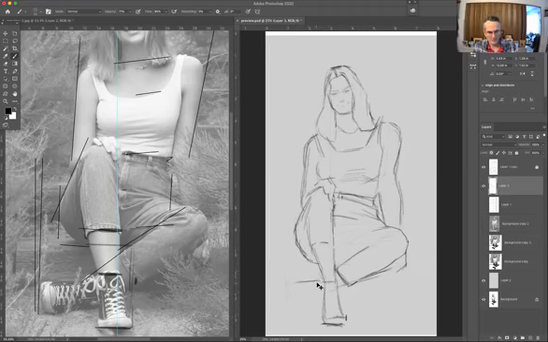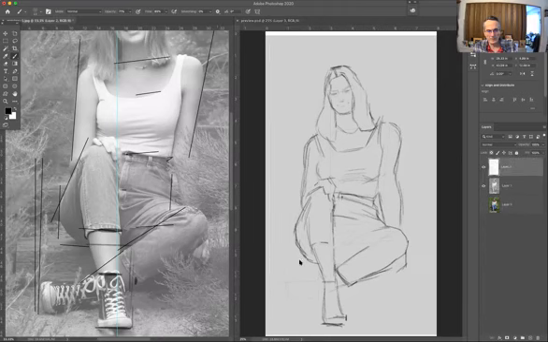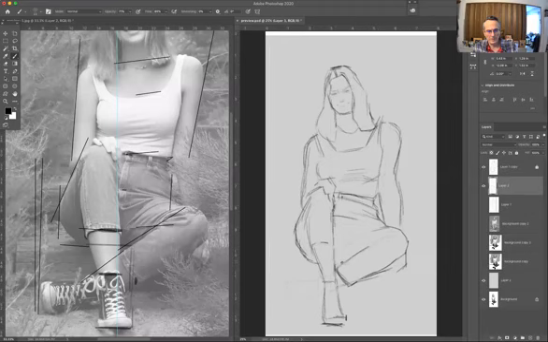I don't think that's the right position for that. See this negative space here and this angle that's happening there. So I want to see that and that. I think, yeah, it's more like this.